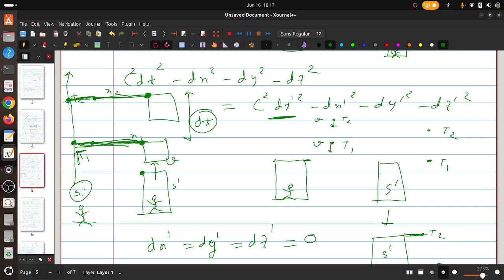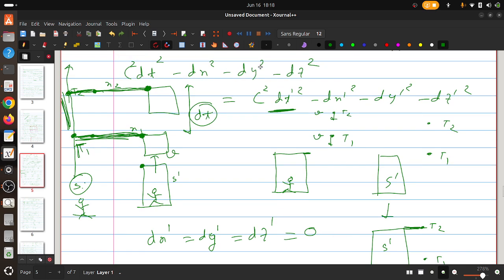What is dt? dt is the time elapsed between when the two trees are aligned with the front end of the car. And dx is the distance moved along the x direction, dy in the y direction, dz in the z direction, if you imagine in 3D. It is just the component distances between these two events.